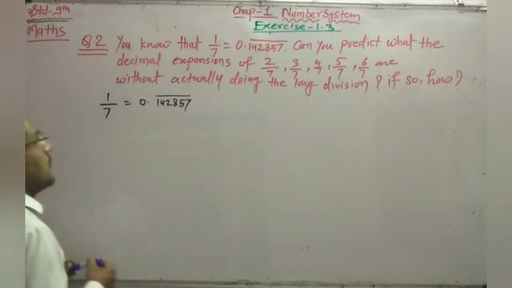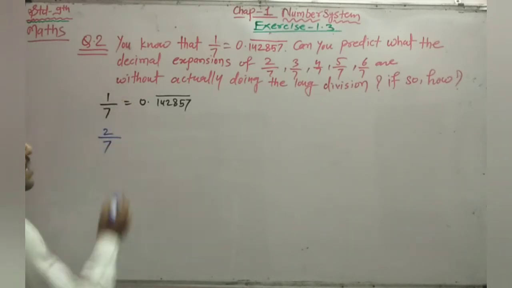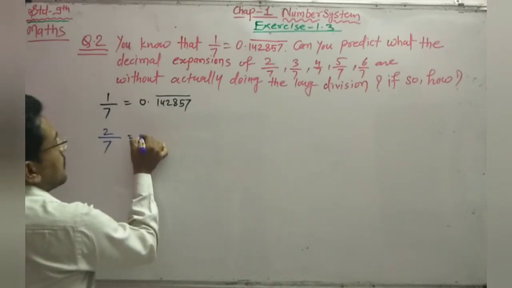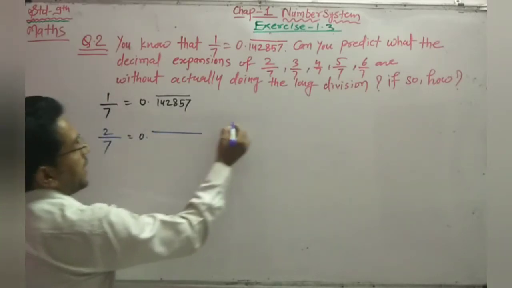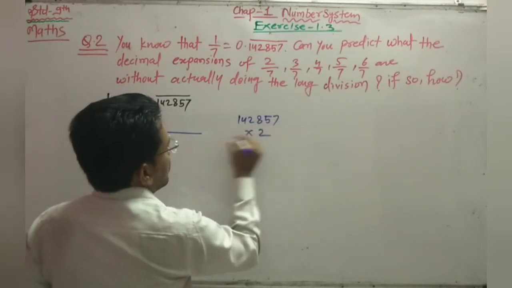So see, first of all for 2 upon 7, we simply multiply 142857 with 2 only.